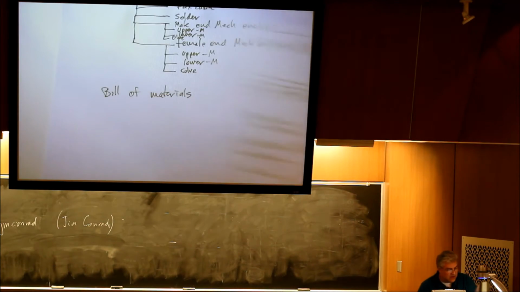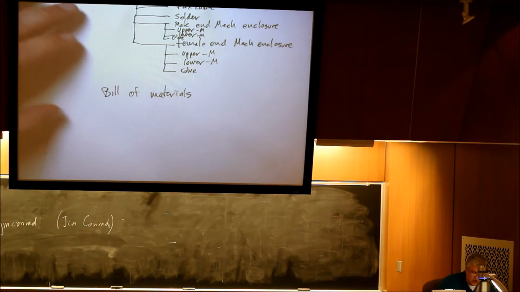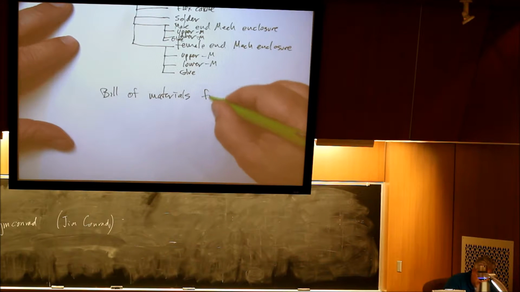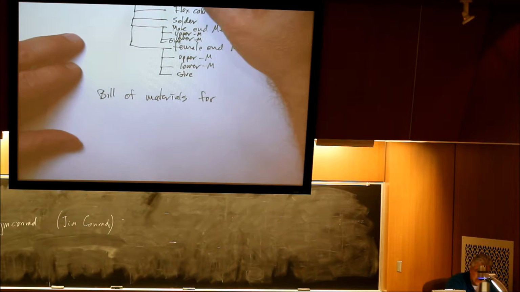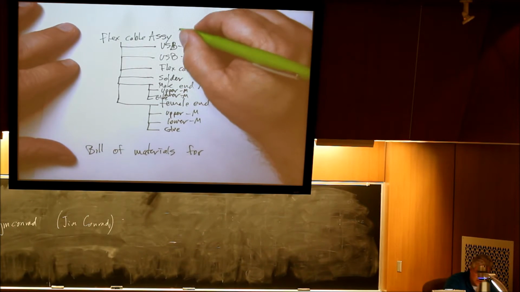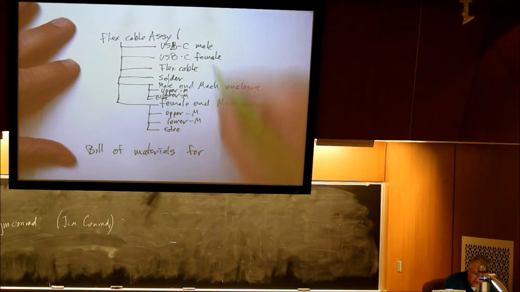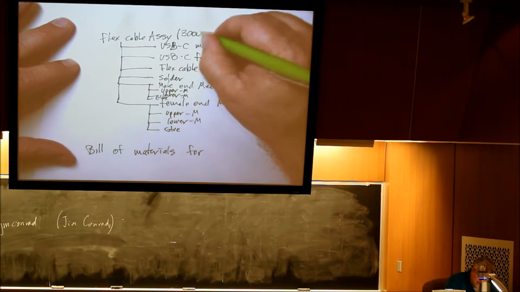So we gave our flex cable 3XXXX. All right? So here we're going to go in the bill of materials for, and here's the interesting thing, our entire cable assembly is going to be called 3000.